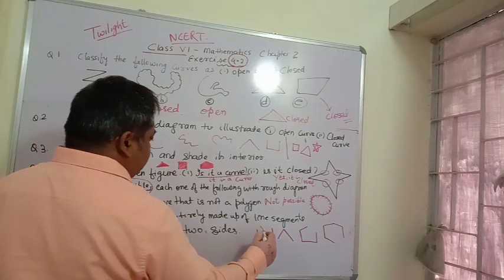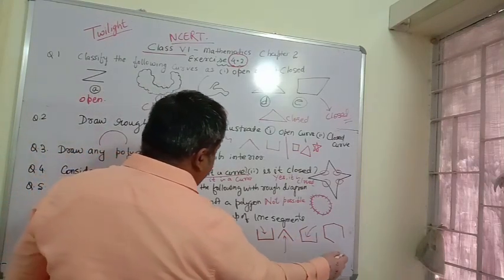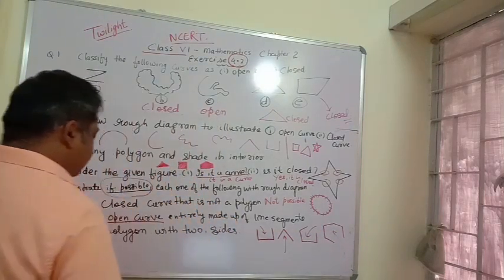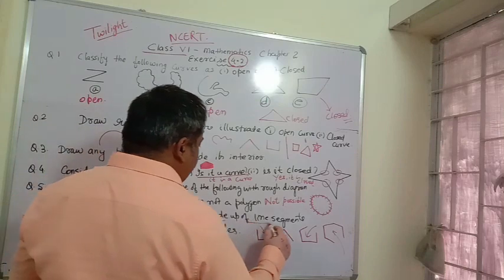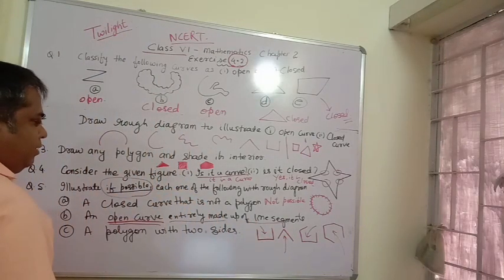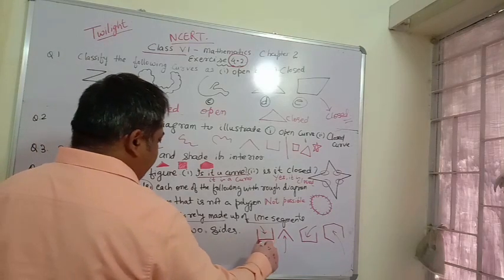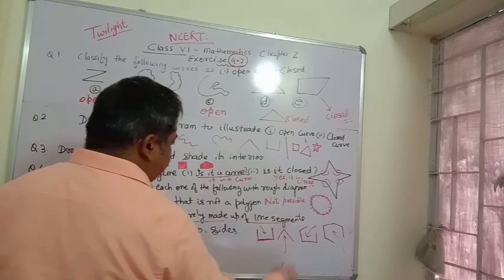So you see, open from here, open from here, isn't it? Open curve means it will not be closed. There will be one side which will be remaining open. So this is called a curve made up of only line segments.